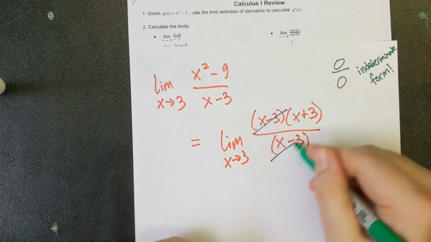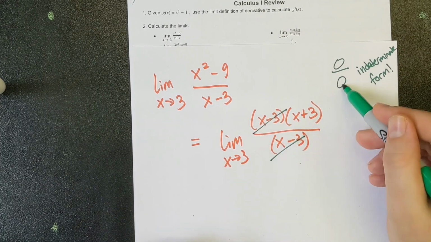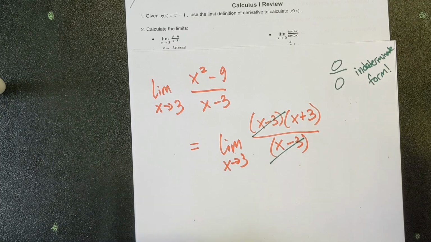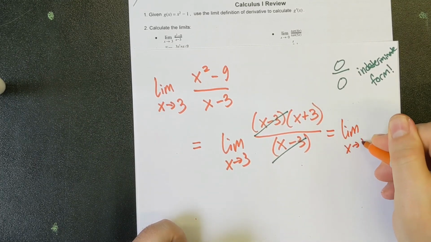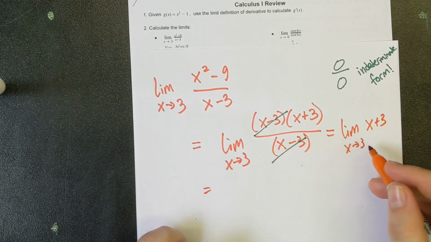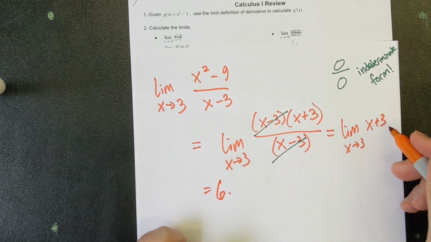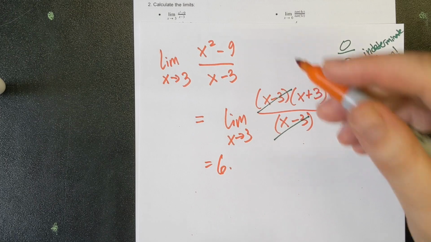The x minus 3's cancel. Now we're getting rid of the zeros, because there's the 3 minus 3 that was causing the 0. Getting rid of the problem, leaving us with just the limit as x goes to 3 of x plus 3, and that comes out to be just 6, because 3 plus 3 is 6. Great. So this first limit comes out to be 6.